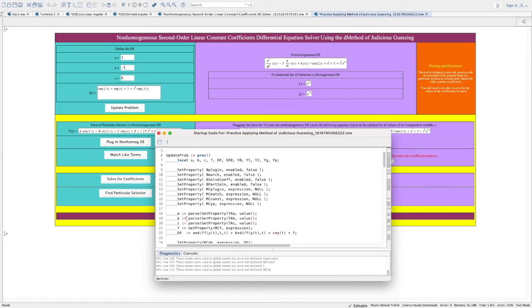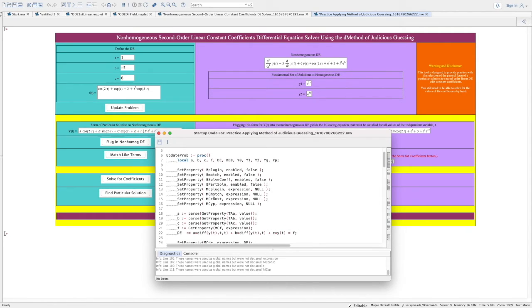Now the other buttons here, I'm changing the availability of other buttons. So the first thing I do is I turn off all of the other buttons: the plug-in button, the match button, the solve coefficient, the particular solution.